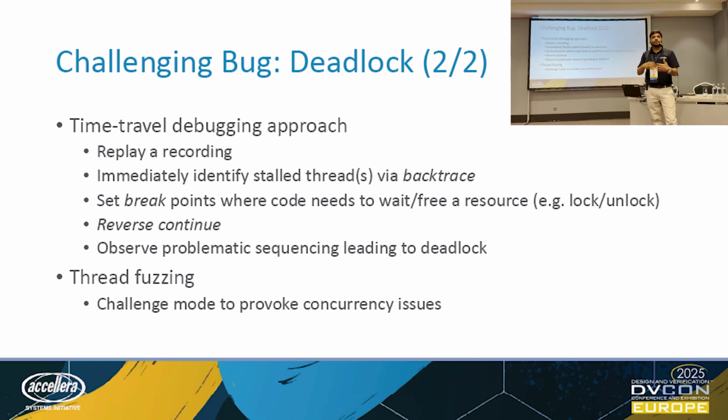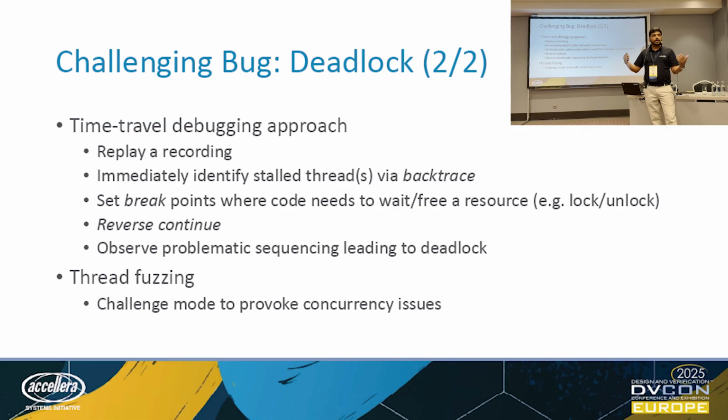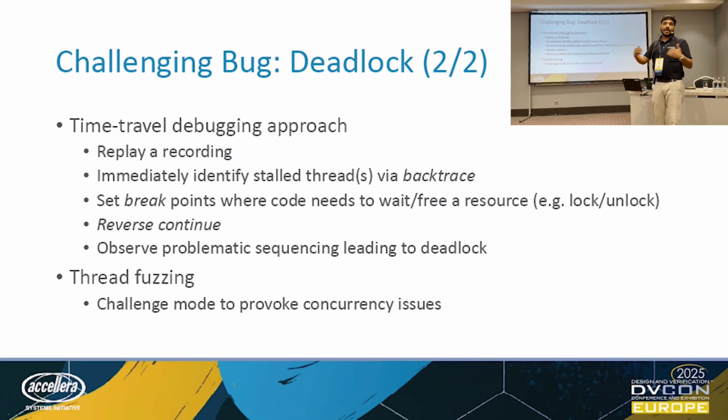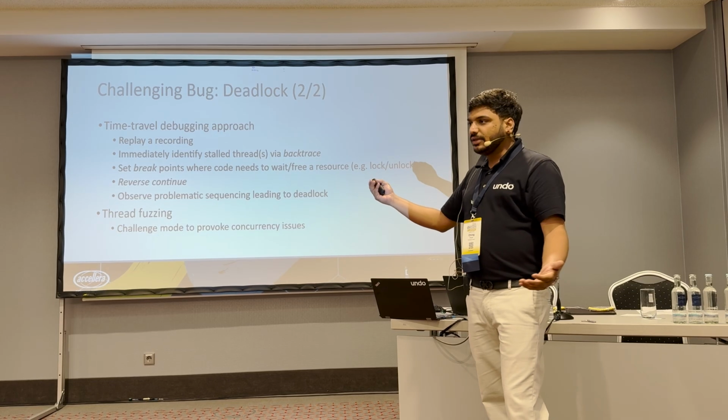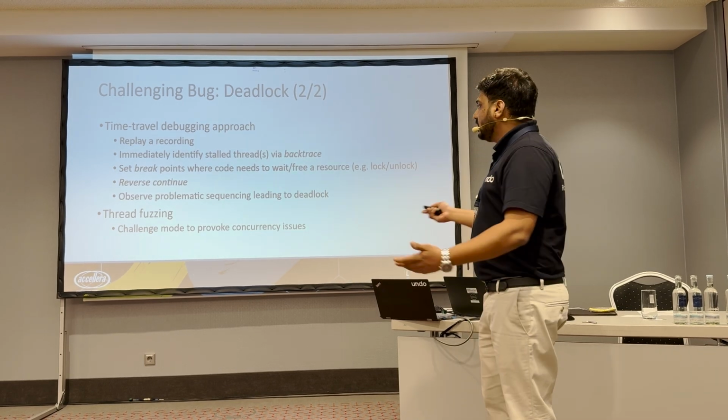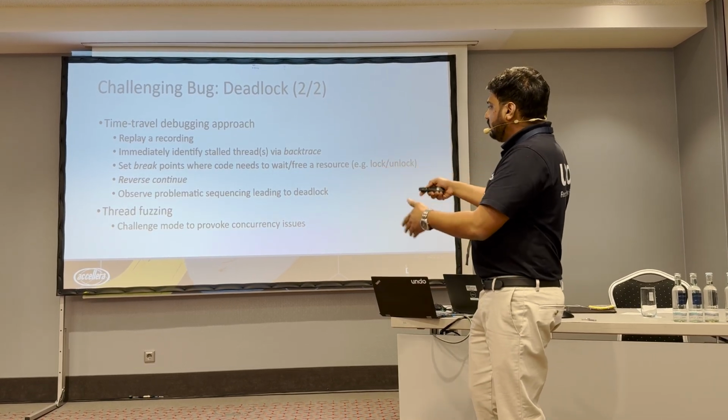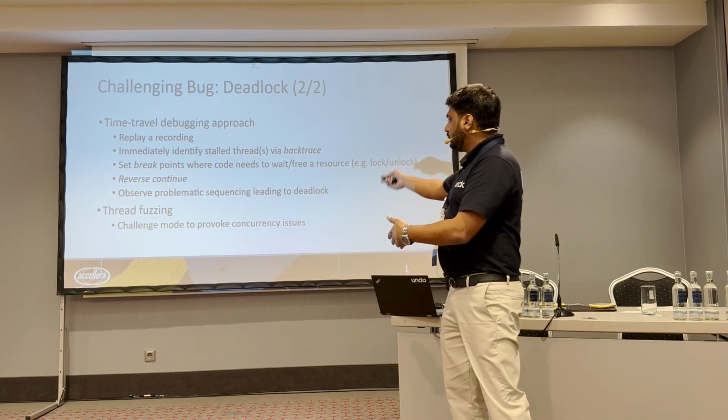We are able to capture all the different threads that were in play, and even if one died later after doing its job, we're able to show you everything time-wise: which thread came, made this change, died, and some other thread came and accessed this, and then you reverse continue through that, and you're able to get to the problem.